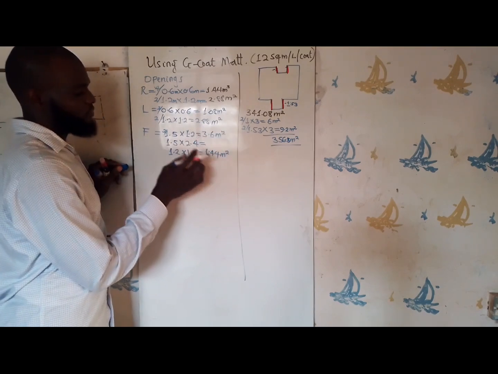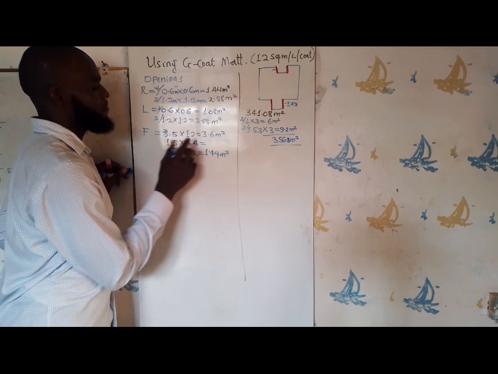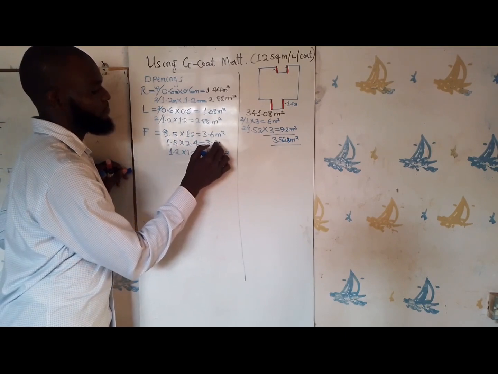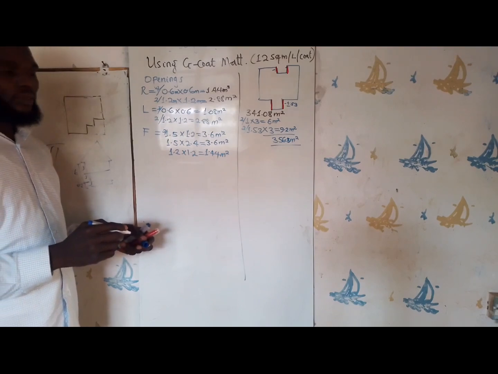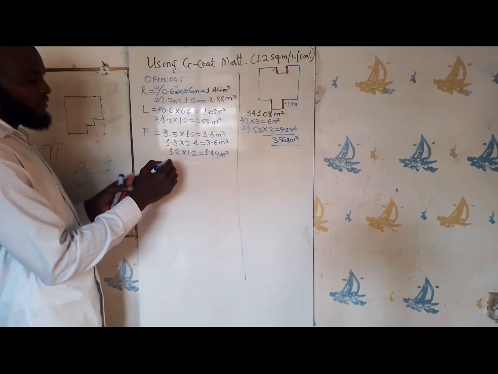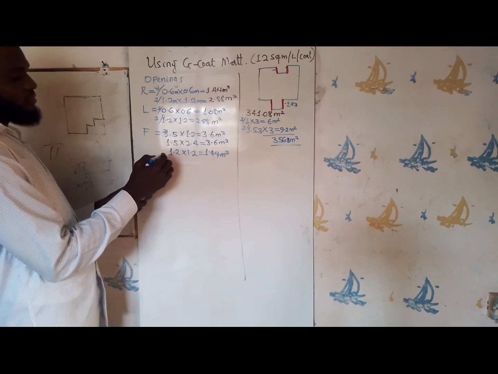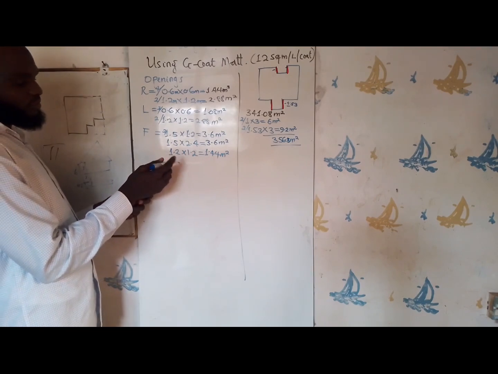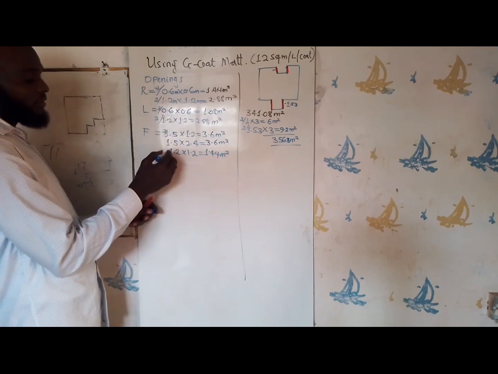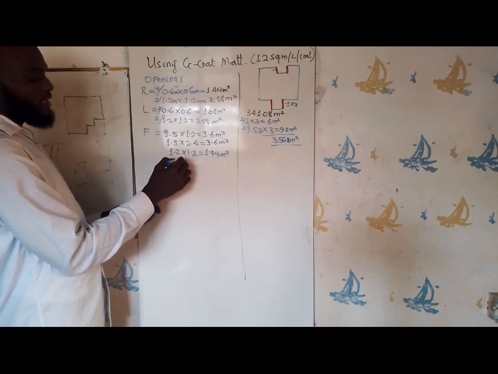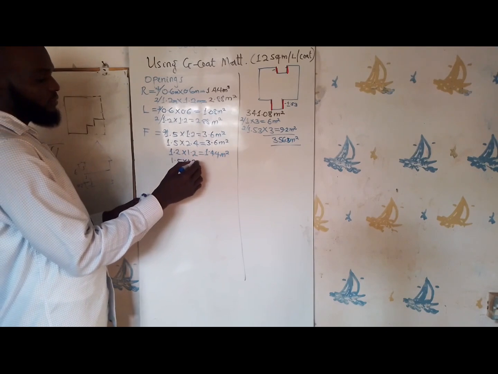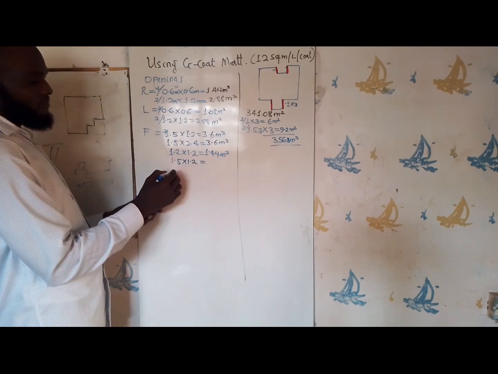Then 1.5 times 2.4. This is for the ground floor. For the first floor we have 1.5 by 1.5 by 1.2. We have considered it together. Okay, that's 1.5 by how many? Just 1.